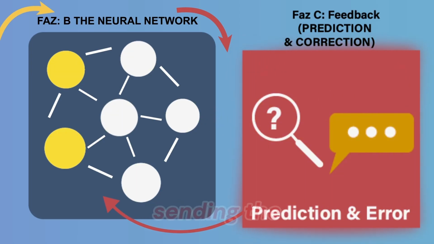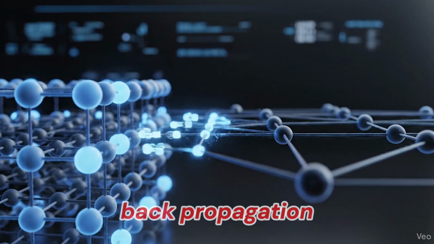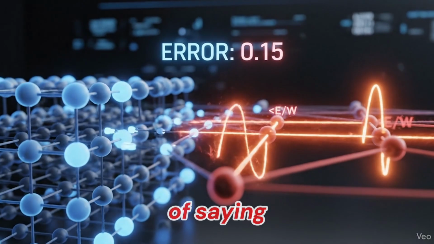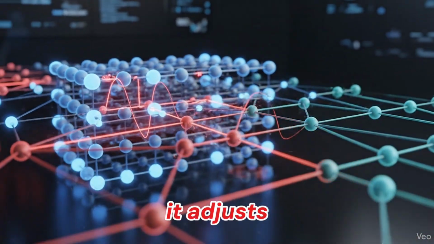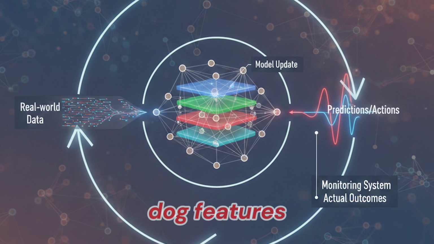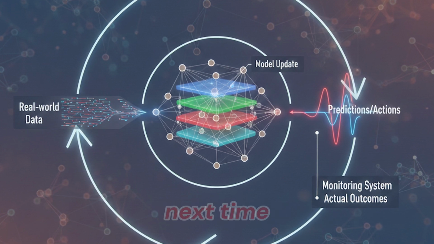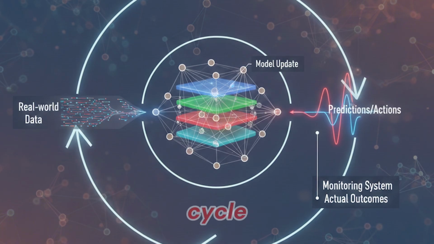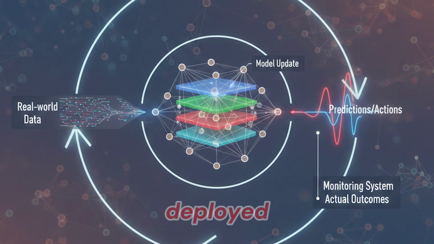The process of sending the error back to adjust the network is called backpropagation. Backpropagation is the AI's way of saying, "I was wrong, let me learn from this mistake." It adjusts the weights and connections in the neural network, making the dog features less likely and the cat features more likely next time. This continuous cycle is why AI models keep improving, even after they are deployed.